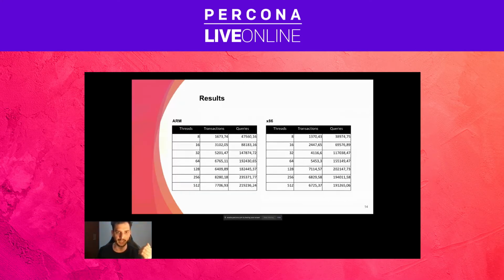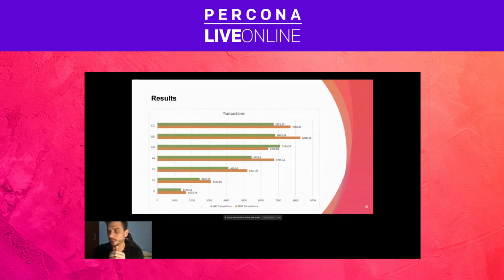If I put this in a nice way, in a dashboard, this is what I got. The orange bar is ARM, the green one is x86. The only time that x86 performed better was with 128 threads.